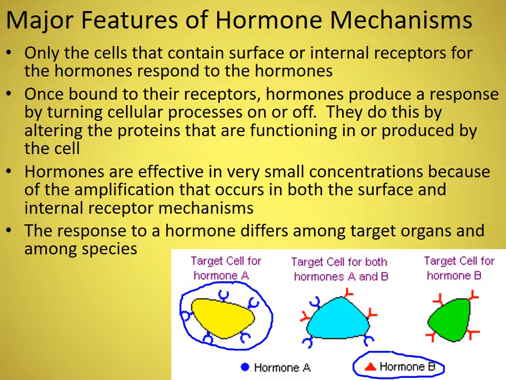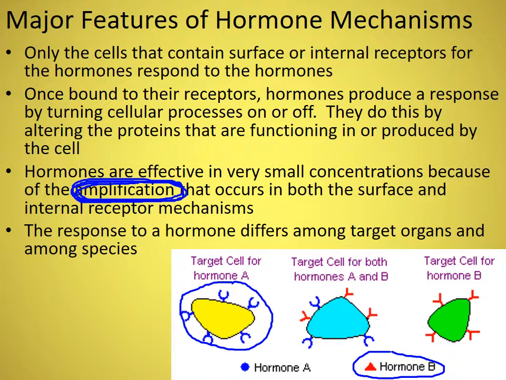So we're basically seeing a cell functioning or not functioning based off of the signals that cell will receive from a hormone. Hormones are very effective in small concentrations. There is an amplification process that occurs here. Cells talk to one another, again, via cell junctions, or cell gaps. Cells can talk to each other. And when a cell has received a message from a specific hormone, that cell will tell other cells.